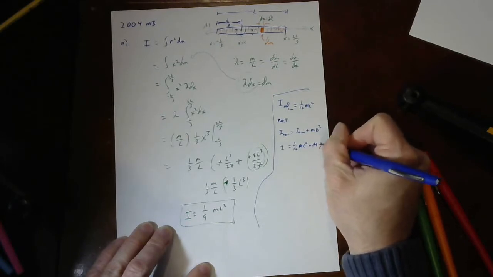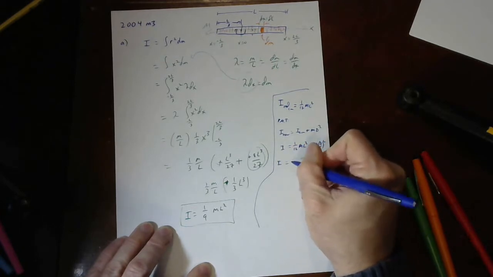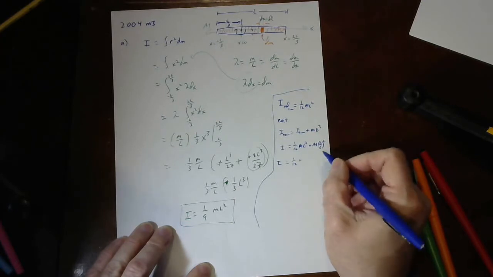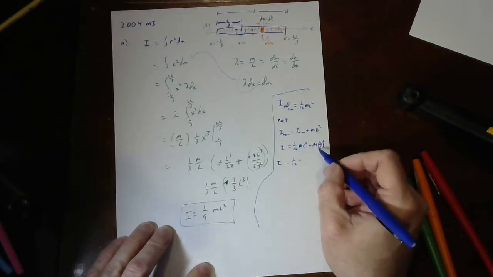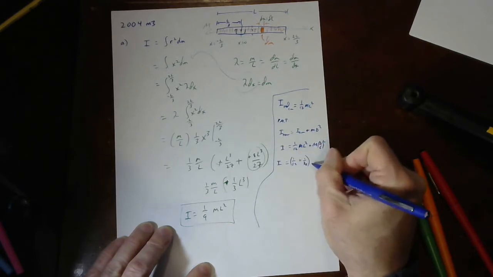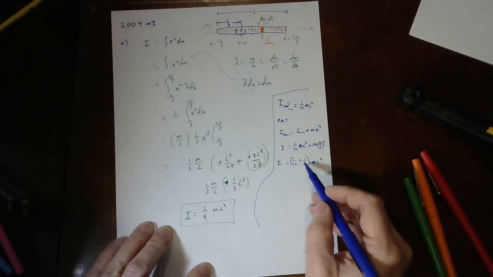Okay, so this d is 1/6 of L, squared. So my new I is going to be 1/12 plus, and when I square this, can you see that's going to be 1/36 ml squared? Let's see here, and 1/12, that's 3/36.